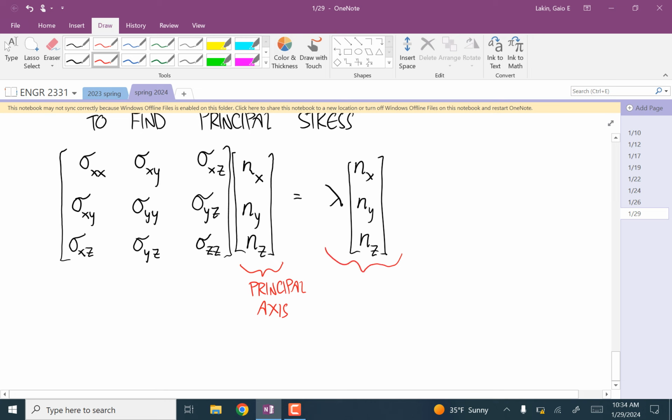And this is a traction on that face that's parallel to the principal axis.